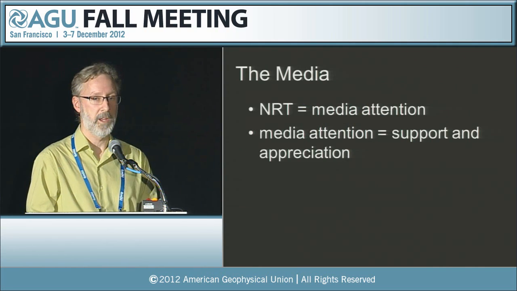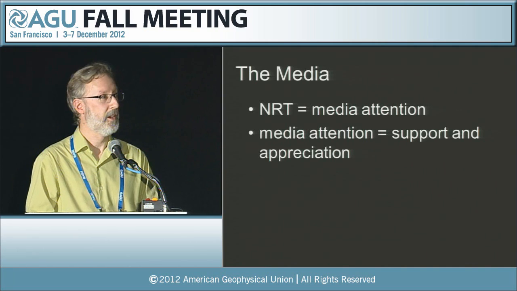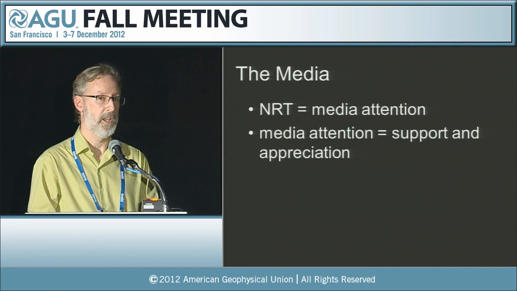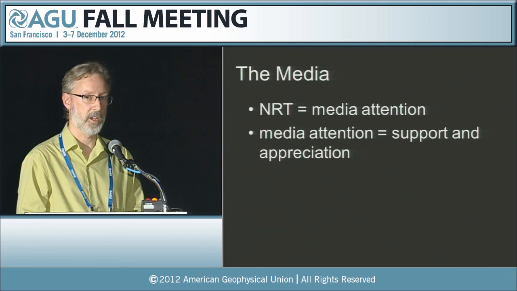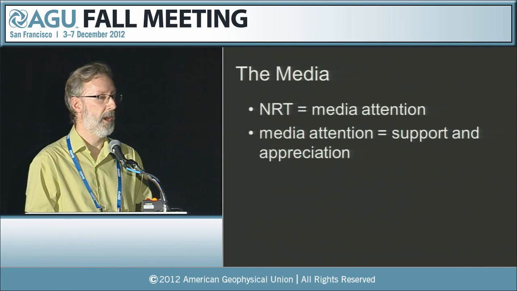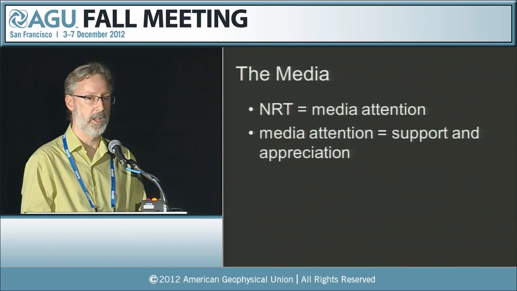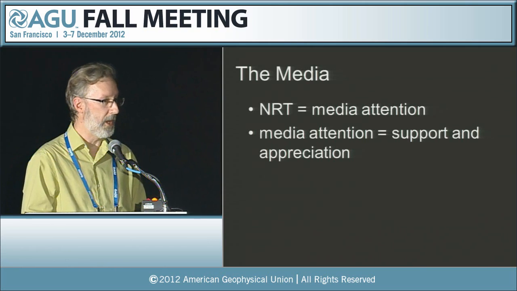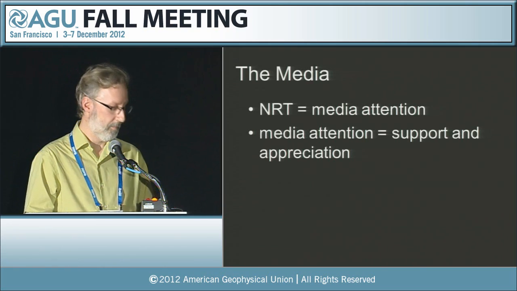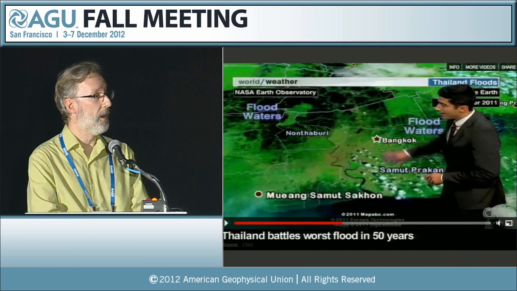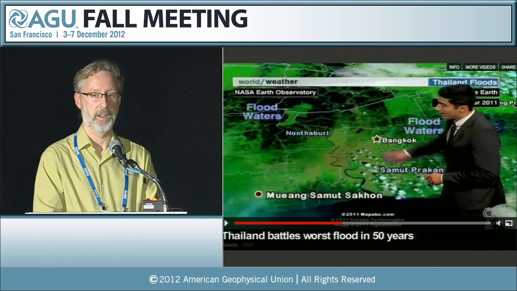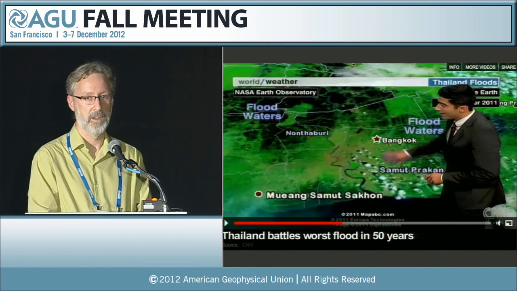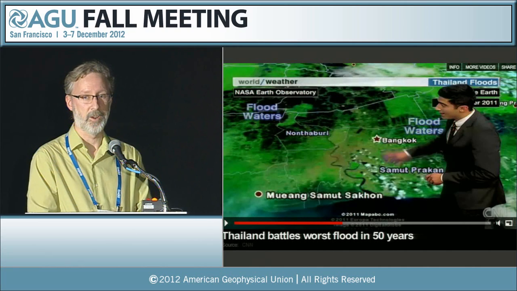Near real time for the media, and I'm just overemphasizing this, near real time means media attention. Media, like I said, media want it now. They're not going to wait. They're going to tell the story. And that media attention means the support and appreciation from their viewer publics. So when we get imagery and it gets put out on CNN, for example, showing flooding in Thailand, this is a story they're going to tell.